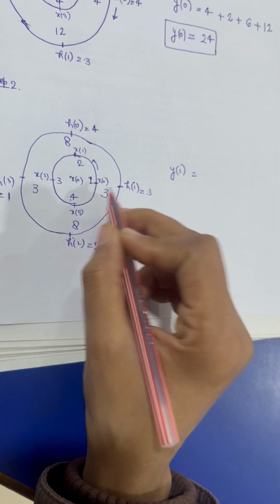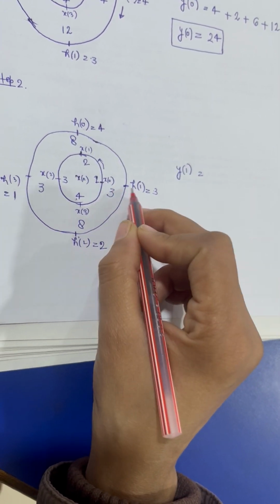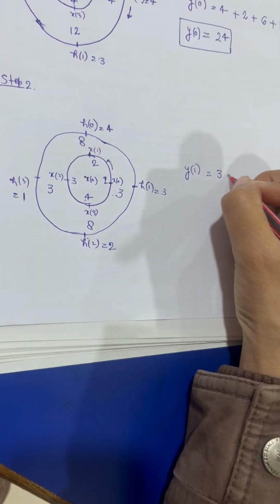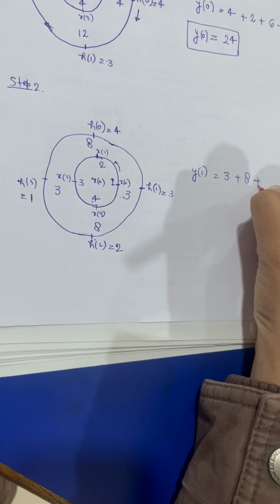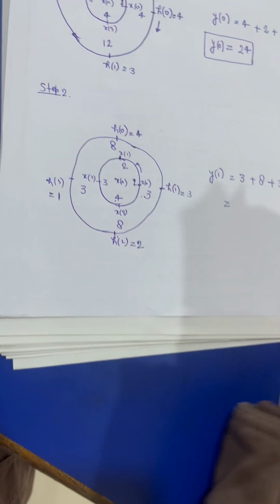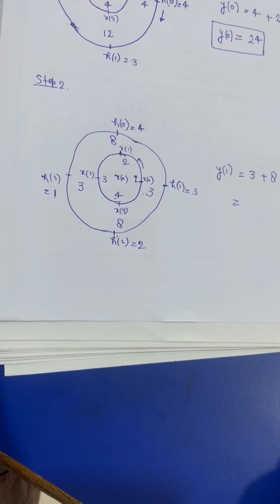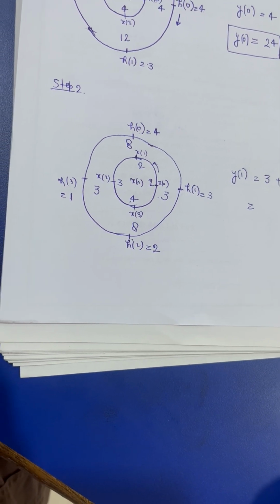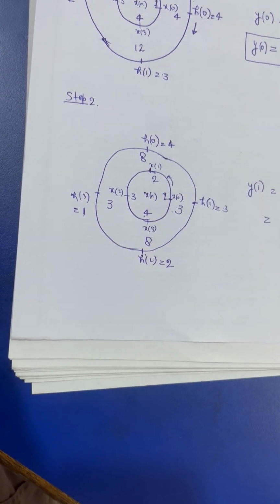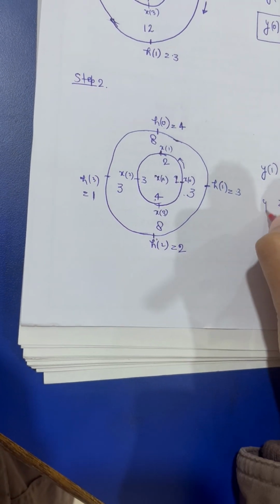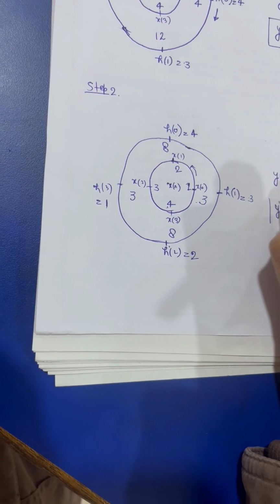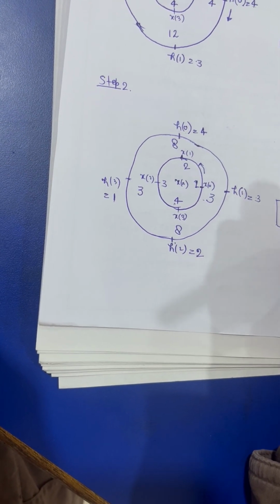Now after multiplying these two sequences, we write the sum: 3 plus 8 plus 3 plus 8. The sum is 22, so the value of y1 is 22.